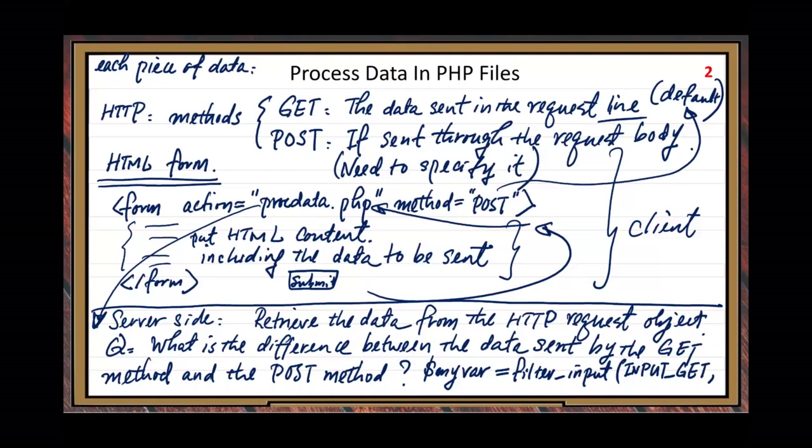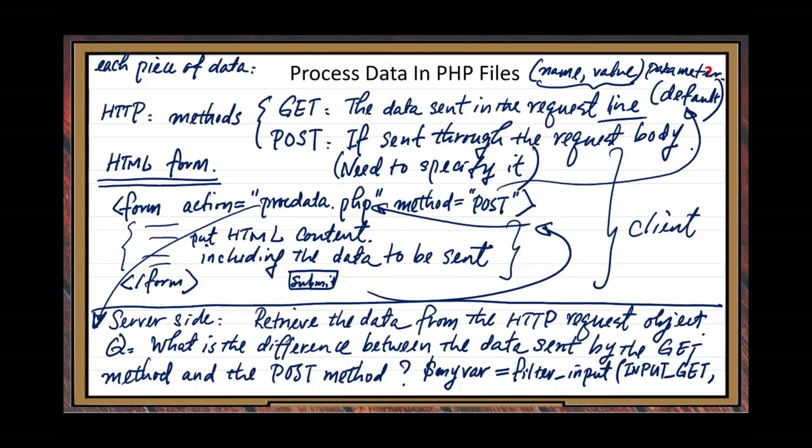So we send under some name and under some value. And then we call the whole pair a parameter. That corresponds to our HTML parameter or query parameter. Okay, the query parameter.